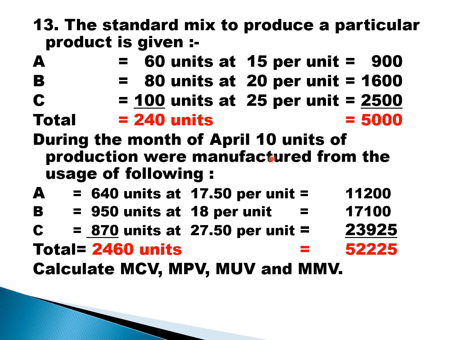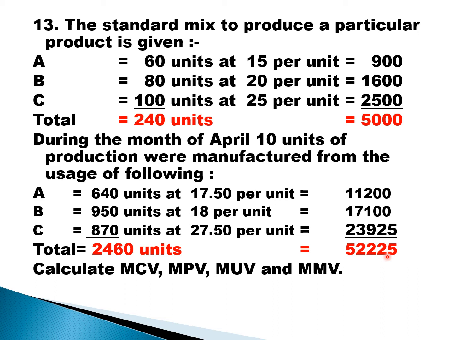AQ is given for 10 units, but SQ is given for 1 unit. So SP is given, AP is given, AQ is given, but SQ is given only for 1 unit. So total actual quantity is 2460 units at a price of 52,225.